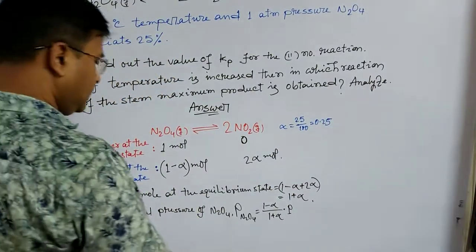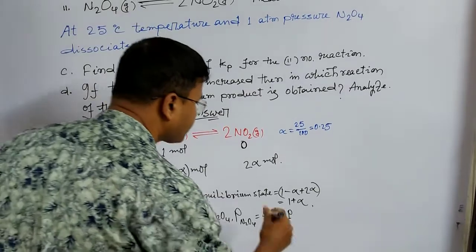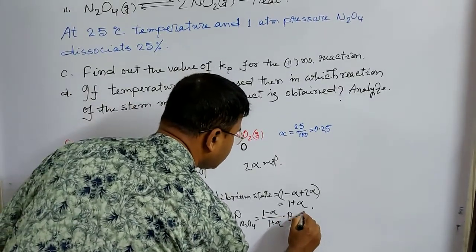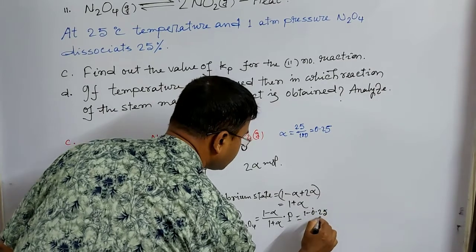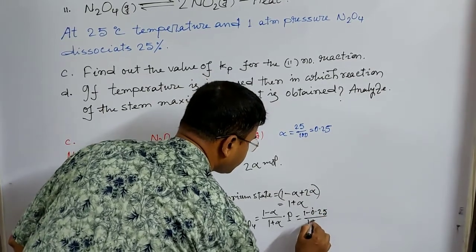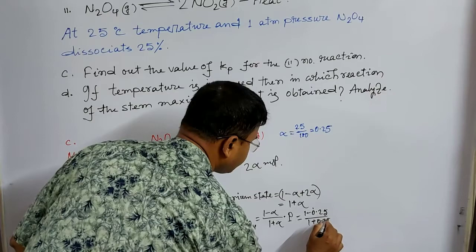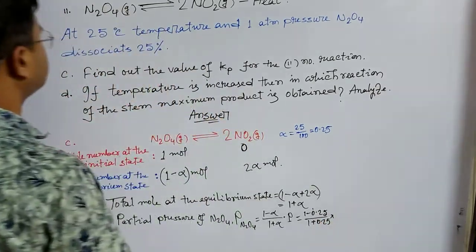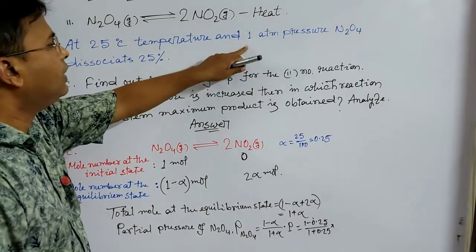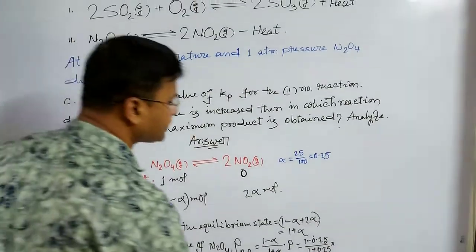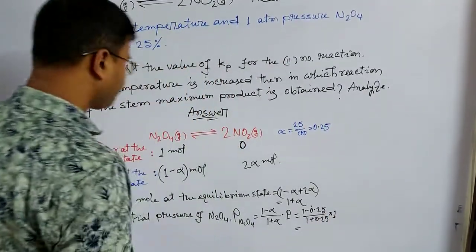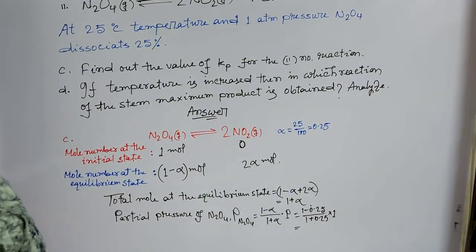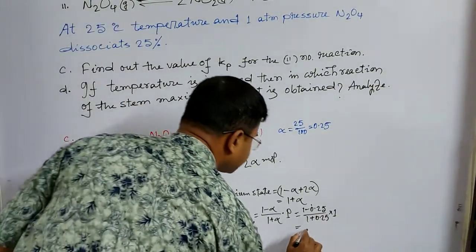So the result will be 1 minus 0.25 divided by 1 plus 0.25, into total pressure. The total pressure given in the question is 1 atm. So the value will be 0.6 atm.